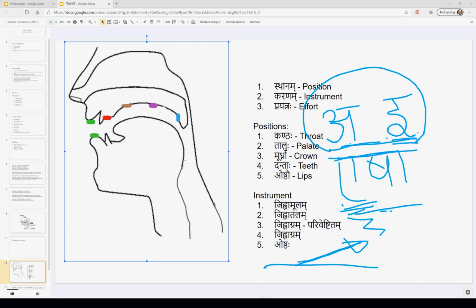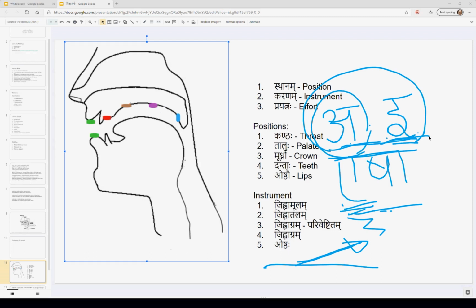That is why those proportions are given within it. What is the time proportion of A? How much portion of A is there? How much portion of E is there? So that has to be noticed.